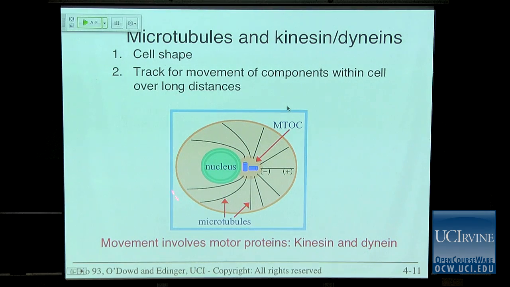So if this is a cell and the plasma membrane, then we have a nucleus in here. Microtubules in a non-dividing cell are oriented in a very particular fashion in that the minus ends are near the microtubule organizing center, and the plus ends are out toward the plasma membrane. The movement along these involves these motor proteins called kinesin and dynein.